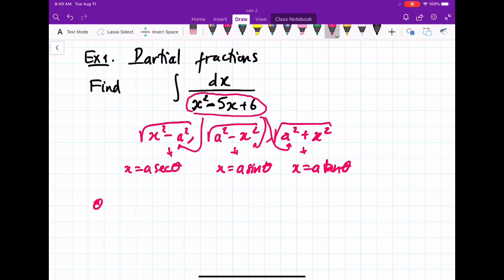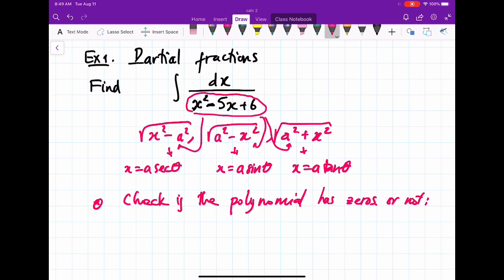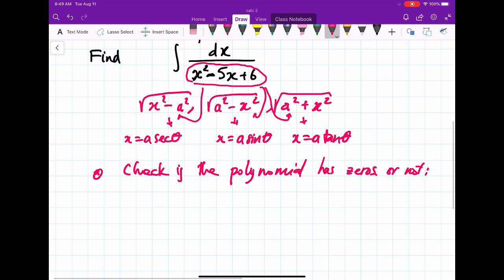So the first thing we need to do is to check if the polynomial has zeros or not. For such a problem, it's easy. You check b squared minus 4ac, where b squared is negative 5 squared, minus 4ac is 1 times 6.